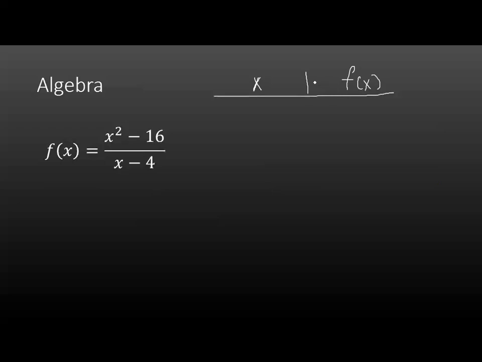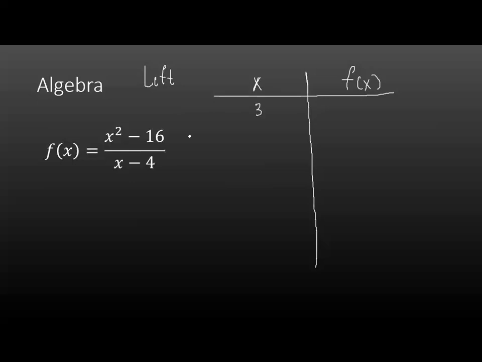Let's get values that are close to 4, first from the left side. Let's get x values that are closer to 4, but from the left side.